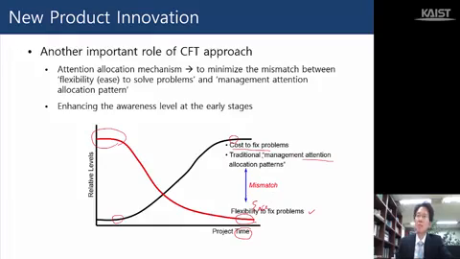But I want to focus more on this management attention allocation pattern. Traditionally, top management pays more attention as the project approaches completion time.